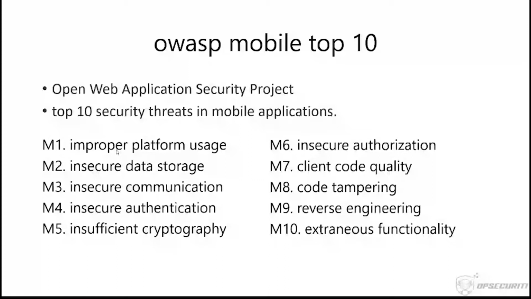And then insufficient cryptography, basically it's the same thing as authentication or authorization, whereby you use weak encryption methods, like you use MD5 for your application, which is now so weak that it's so easy to reverse and decrypt whatever you try to hide using MD5.